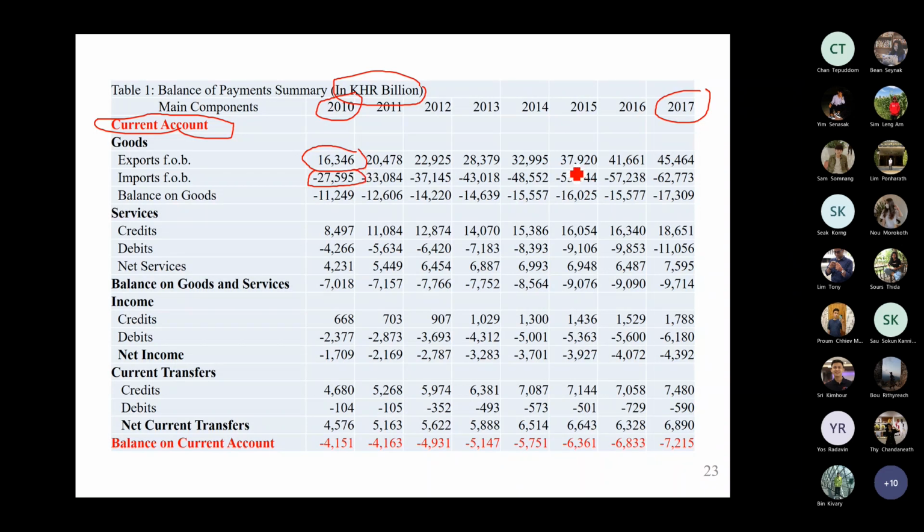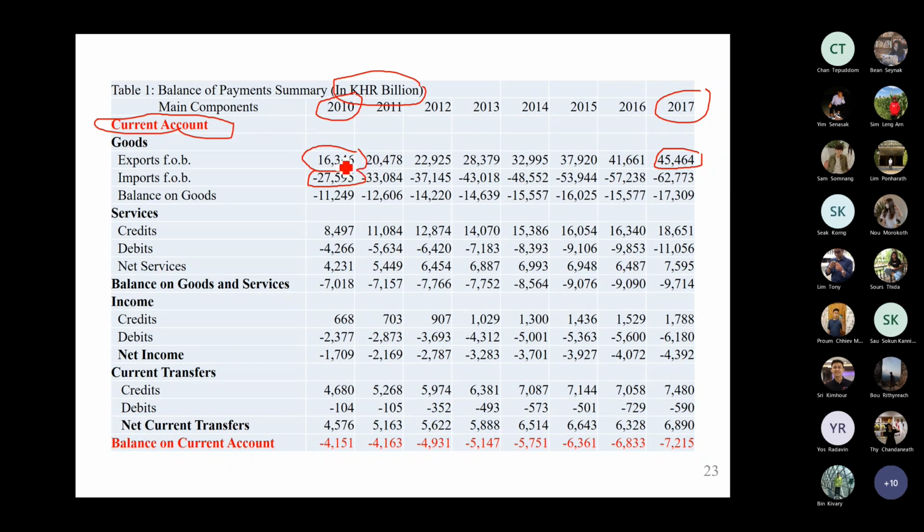And by the year 2017, you can see that the situation remains the same, except that exports have increased to about 45 trillion, and imports also increased to 62 trillion. So we still import more than we export.